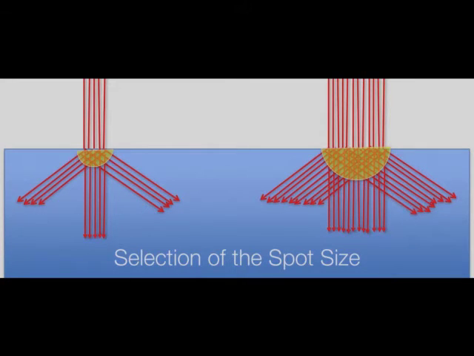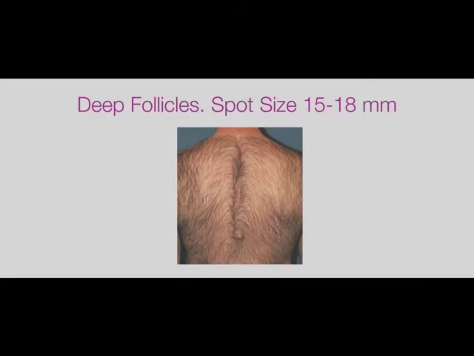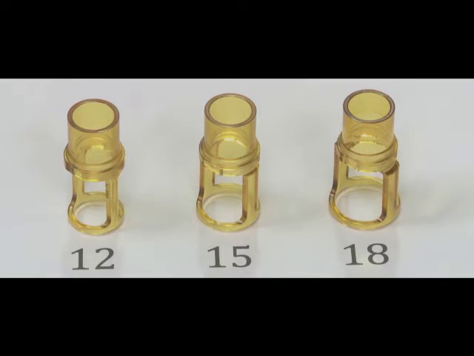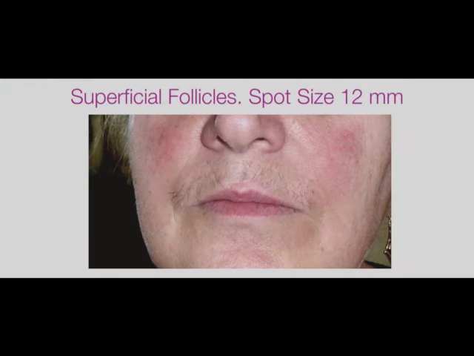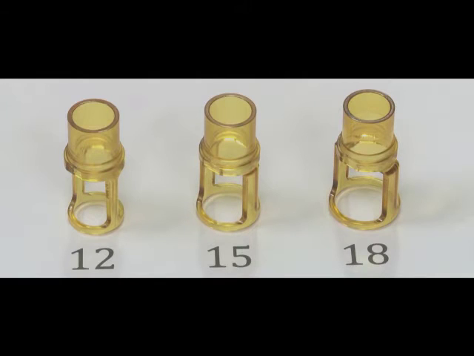Spot size selection for hair removal depends upon the depth of the follicle and therefore the part of the body that is being treated. For deeper follicles found in the body, you will use a 15 or 18 millimeter spot size. For more superficial follicles on the face, you will use the 12 millimeter spot size.